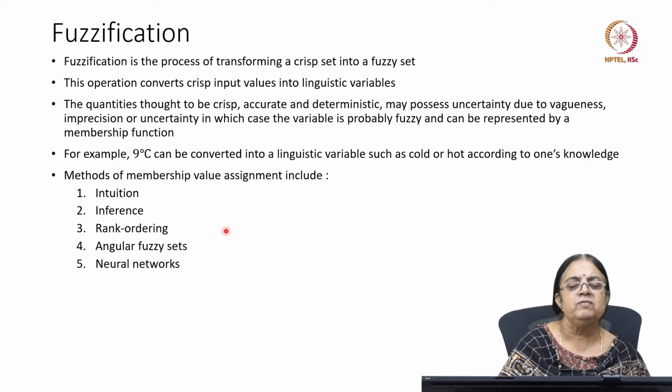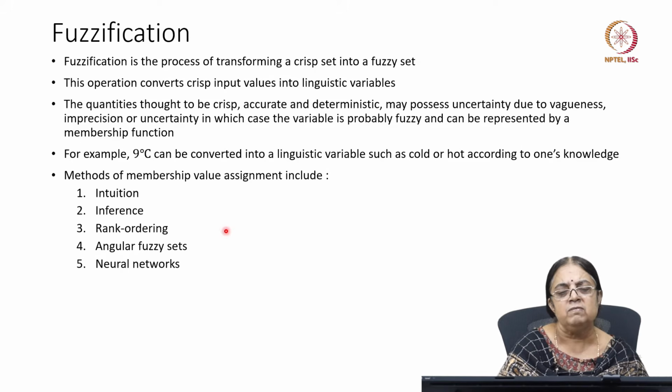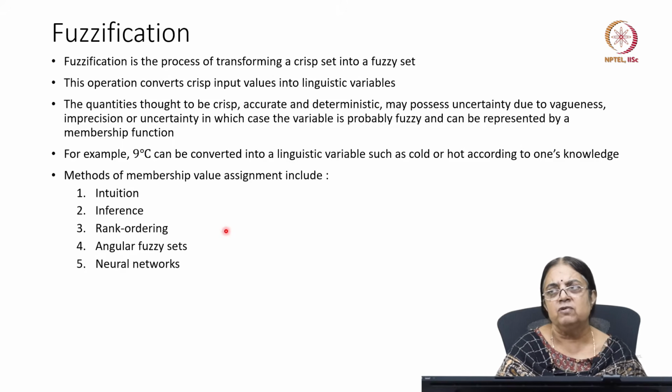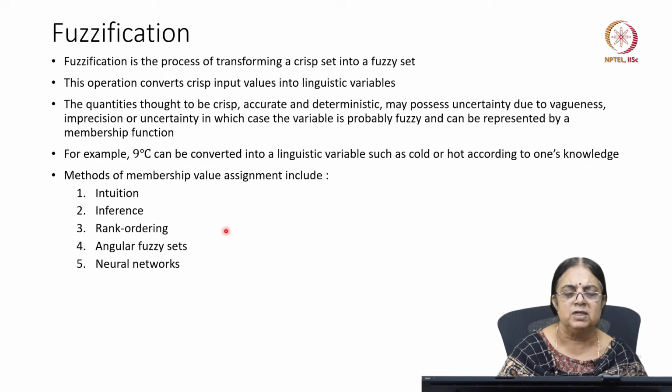So, basically you have to take the attributes and convert crisp set into a fuzzy set basically, and for individual values of the attribute you have to get the membership value by using that basically.